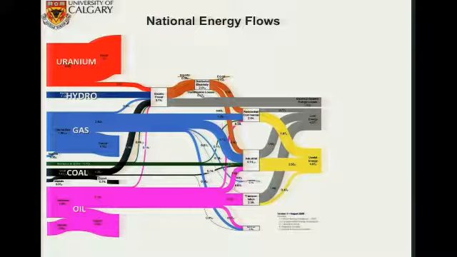If you look at this chart, on the left-hand side you'll see essentially our production of energy resources, as well as some imports. Up top we produce an awful lot of uranium, a fair bit of gas and oil as well.